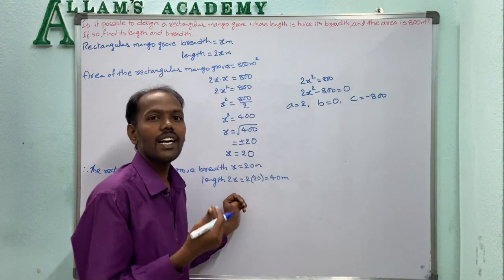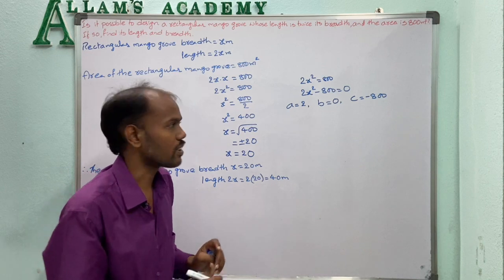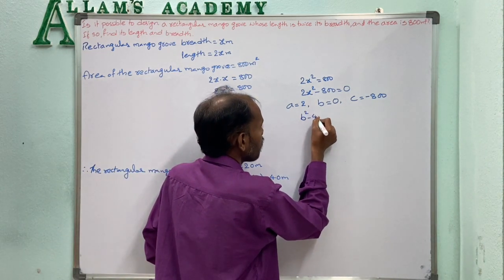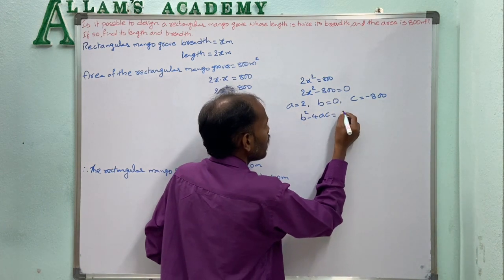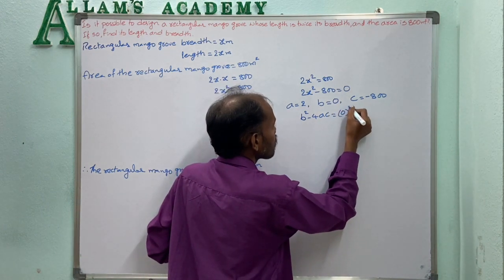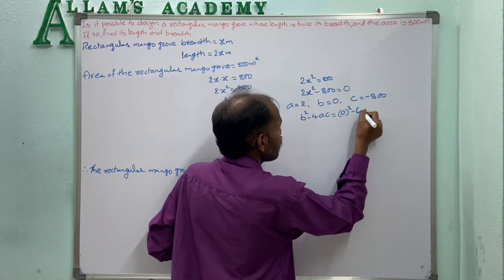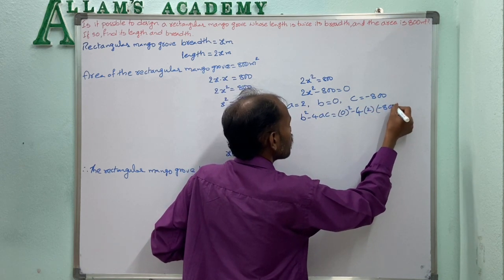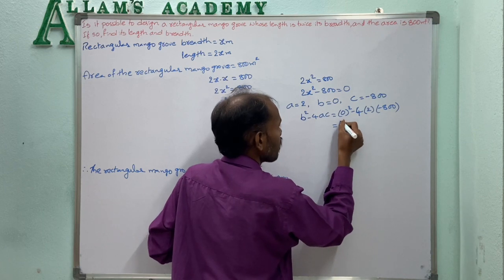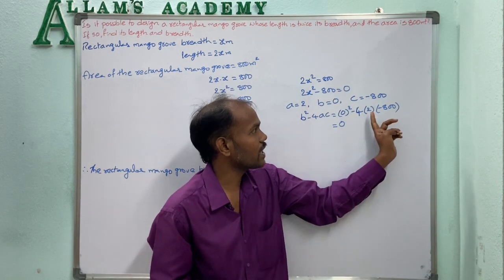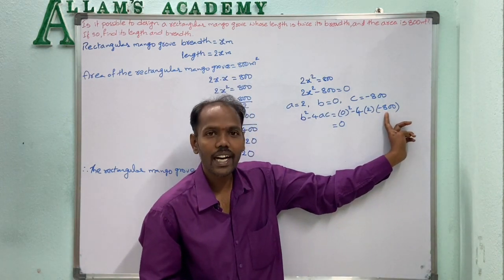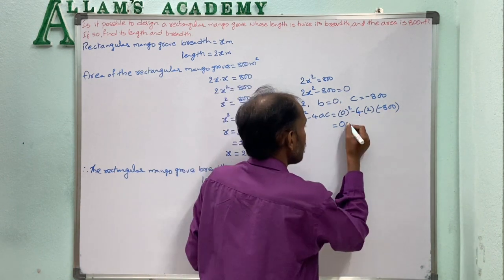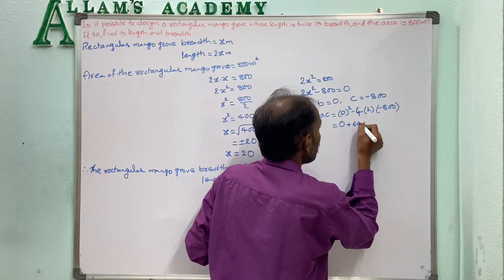Now finding the nature of the roots, that means we find the discriminant value, that is b square minus 4ac. So b equal to 0, so 0 square minus 4ac. So 4 into a equal to 2 into c equal to minus 800. 0 square equal to 0. 4 into 2 is 8, 8 into 800, that is nothing but 6400. Minus into minus is plus, so plus 6400.